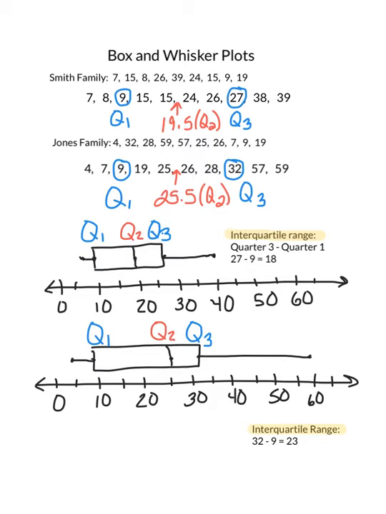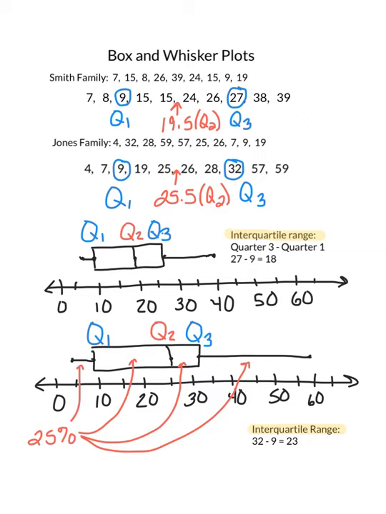Now we call these quartiles because the data is broken up into 4 parts. Each piece represents 25% of the data. So 25% is here, is here, is here, and is here. And that goes for the one above too.